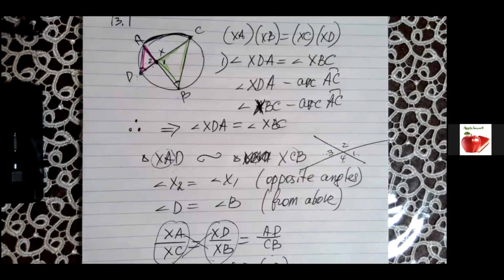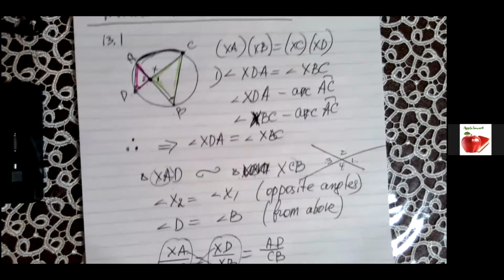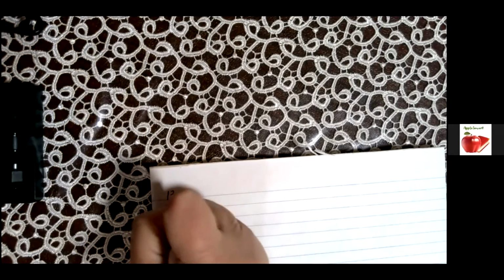No? Okay, we'll move on to the next question then, which is problem 13.2. So I'll remove that. And then moving on to 13.2, where here we have point P outside a given circle and A is on the circle such that PA is a tangent.